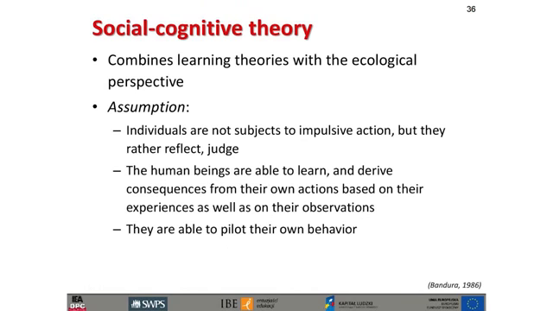Now, the social cognitive theory comes into it, combining socio-ecological theory with learning theories. The assumption is that individuals are not subjects to impulsive action, but rather reflect and judge, and human beings are able to learn and derive consequences from their own actions based on their experiences as well as on their observations.